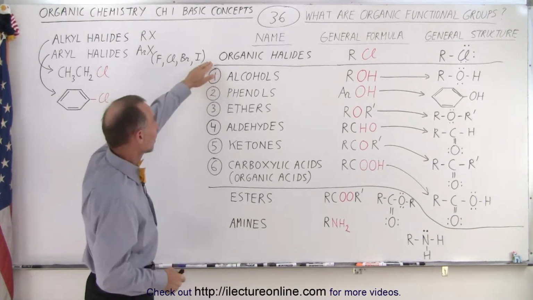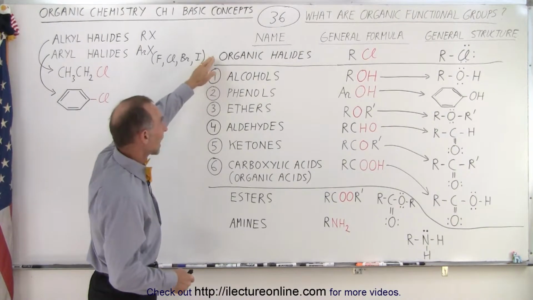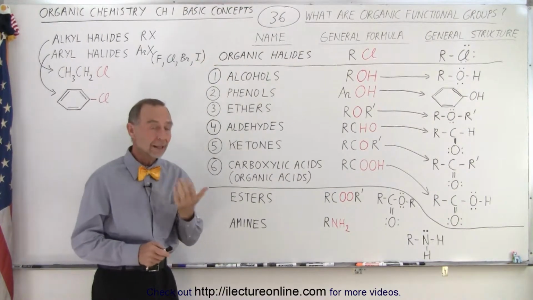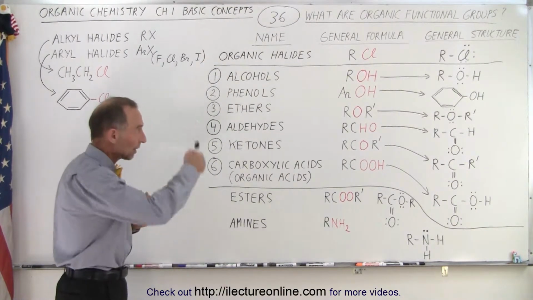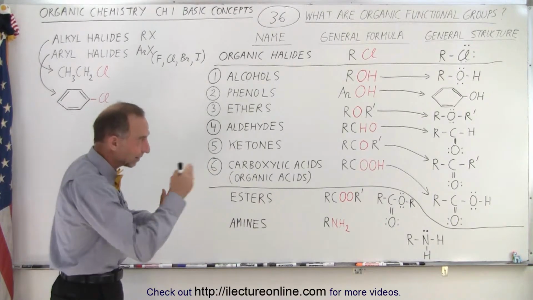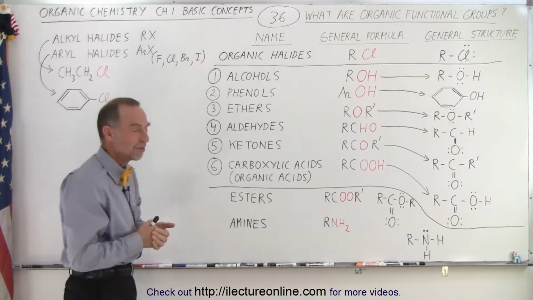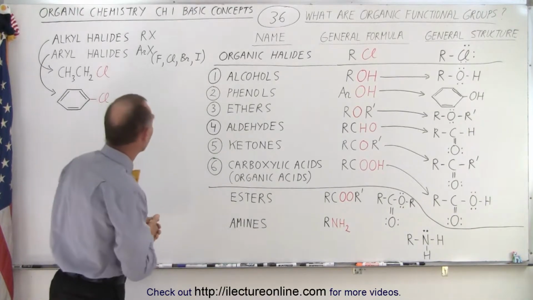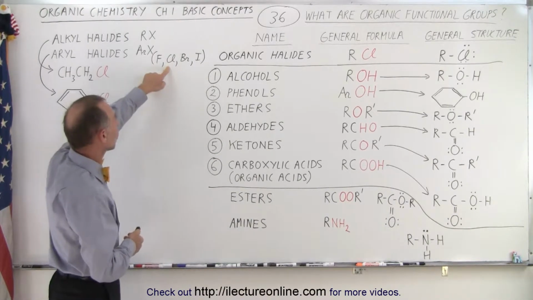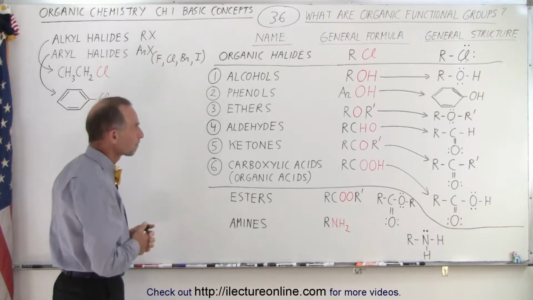The first section has a single group, and it's called the organic halides. And the halides, of course, are the elements on the right side of the periodic table, one to the left of the right side, I should say. Notice they tend to be very reactive elements, and they contain fluorine, chlorine, bromine, and iodine.